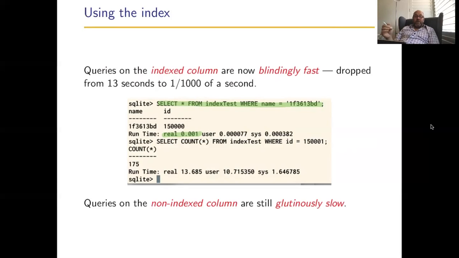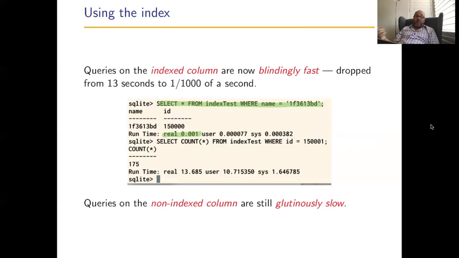So producing this index has dropped our searches from 13 seconds to 1,000th of a second. That's like 10 to the 5 times faster. Wow. That is an amazing speed up.